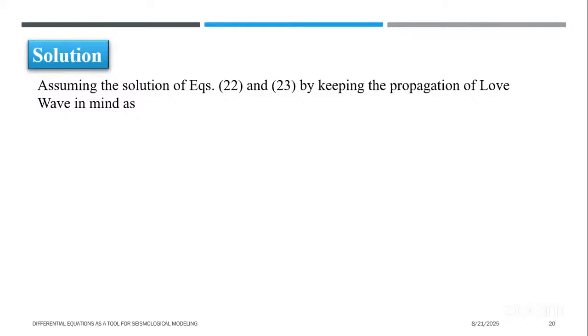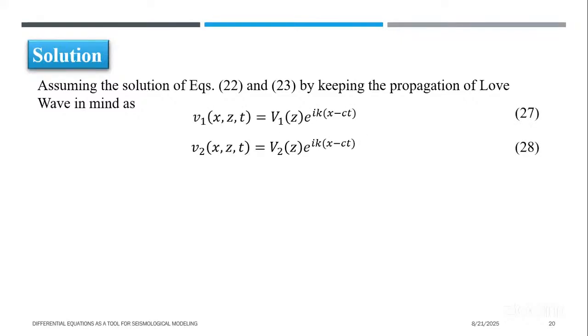Now, to find the solution, we have to assume the solution like this. What made us assume the solution like this? The reason is that the Love wave has a sinusoidal character. You know that sinusoidal functions are oscillatory, like cosine and sine curves. So the Love wave also has such a profile.